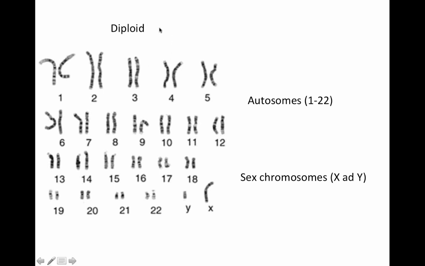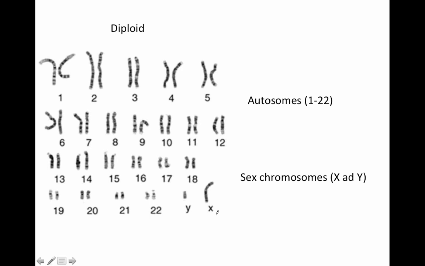So every cell in our body, except sperm or eggs, are diploids. Diploid means that those cells have 2 copies of every chromosome. So we have 2 copies of chromosome 1, 2 copies of 2, 3, 4, 5, all the way down to chromosome 22, and we have 2 sex chromosomes. In this case, it's Y and an X. So that's what a diploid is.